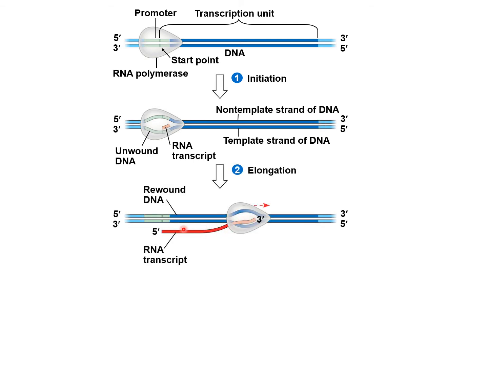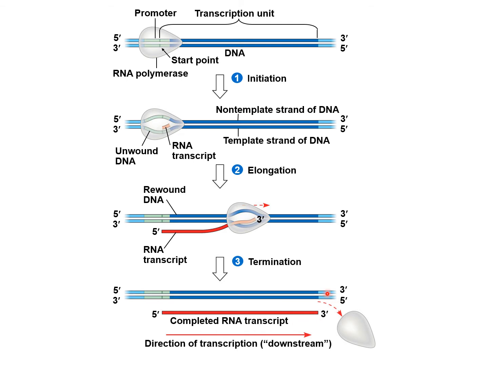As we elongate, that transcript is removed off of the DNA, and the DNA is allowed to re-anneal with itself. And this thing slides along and creates our primary transcript. When we hit that terminator, the RNA polymerase will stop transcribing. It will release the DNA, and the RNA will be released as well.